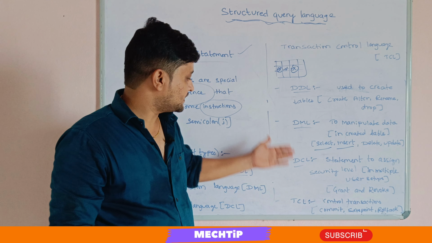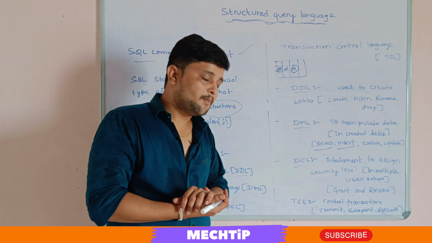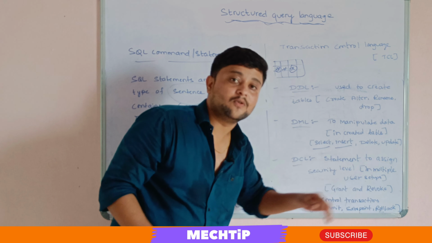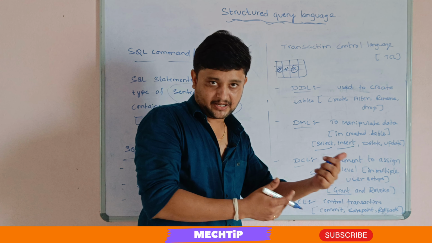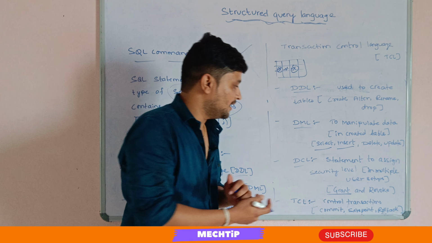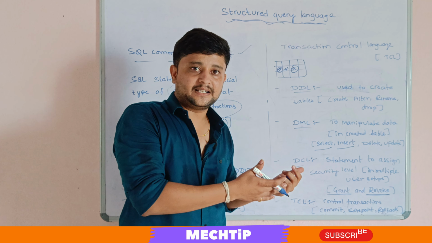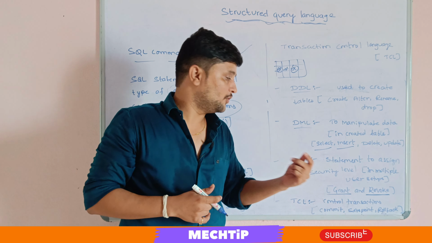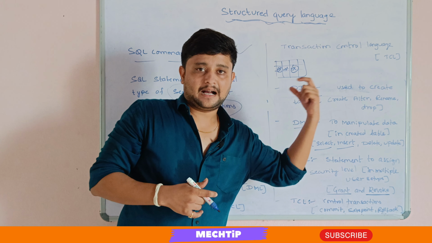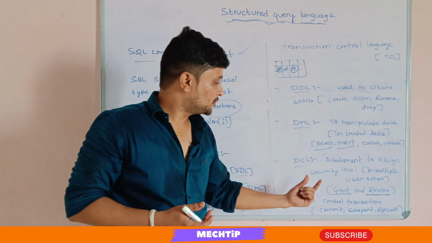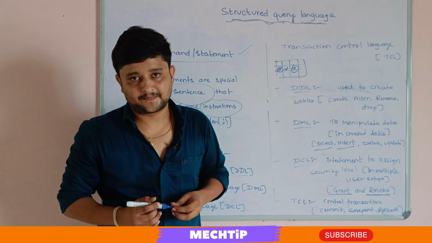The main commands in DCL are grant and revoke. Grant permits access to the data, and revoke means the access is not permitted. These two commands are used in DCL.